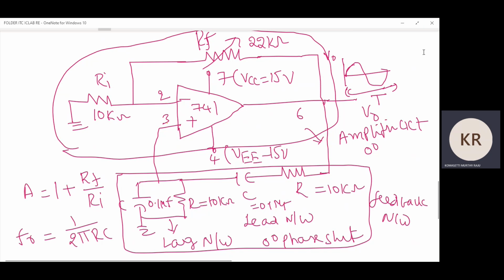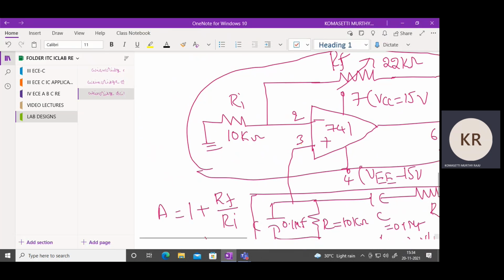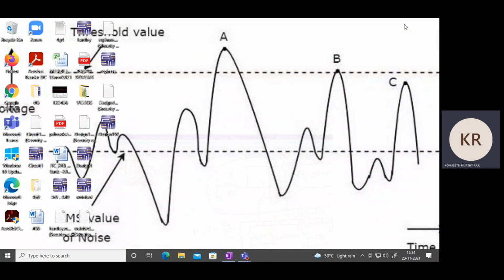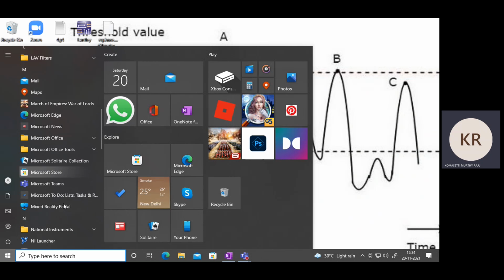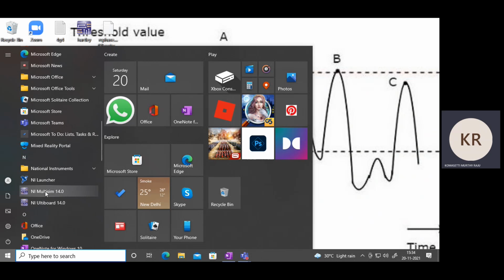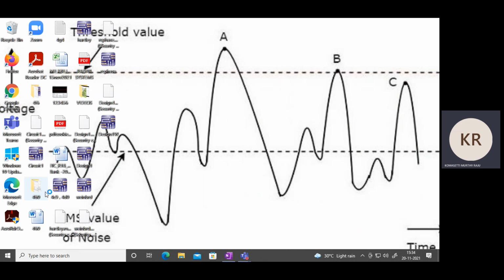Okay, now I will concentrate on software simulation using Multisim with the help of this already designed circuit diagram. I will use NI Multisim 14 here.